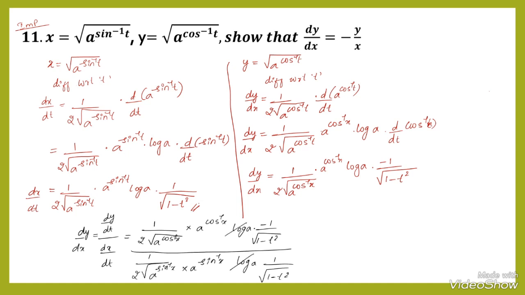Here log a gets cancelled, root of 1 minus t square gets cancelled, and 1 by 2, 1 by 2 get cancelled.